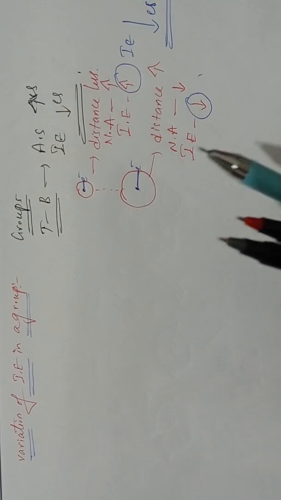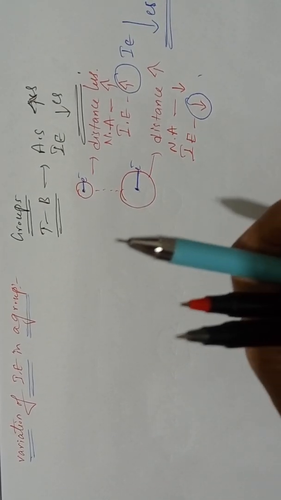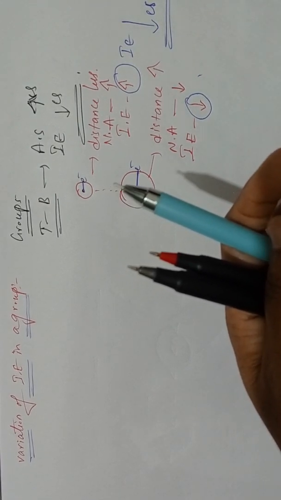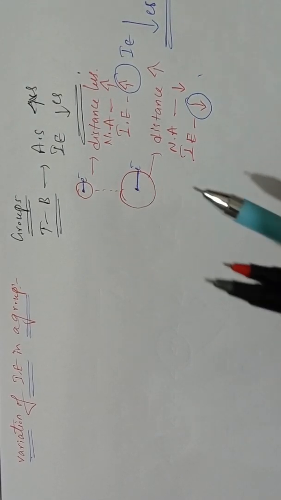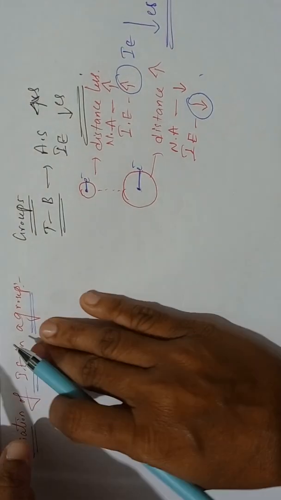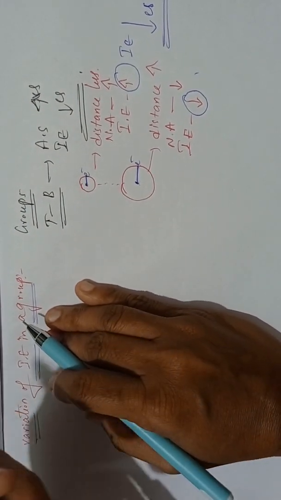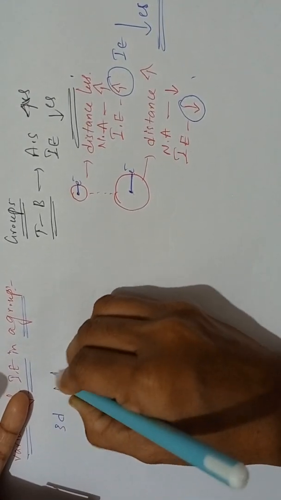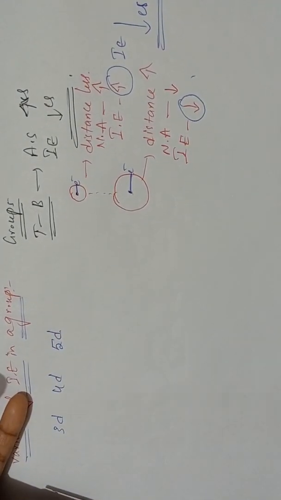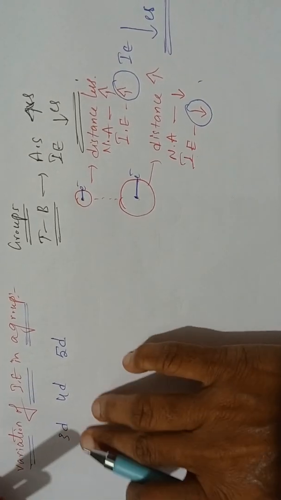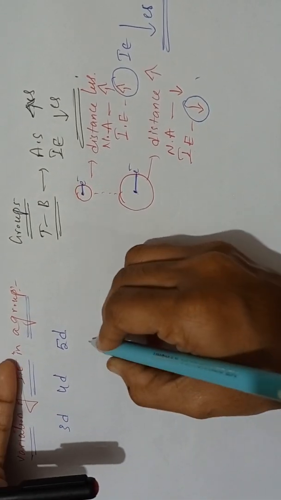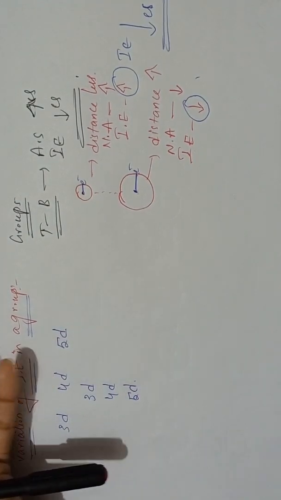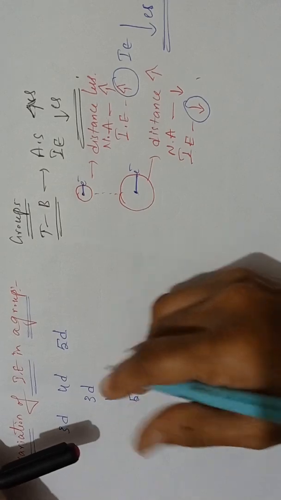Now I am discussing the d-block elements, the 3d, 4d, 5d series. What about the 3d, 4d, 5d series, students? Taking the series from top to bottom, what will happen?